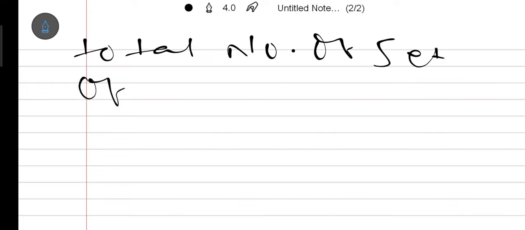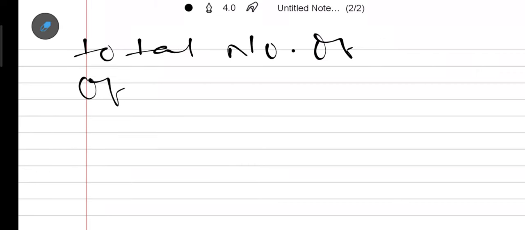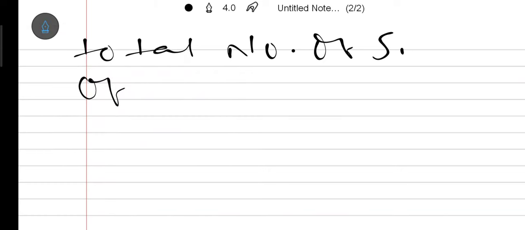This is a formula to find the total number of subsets of a finite set.